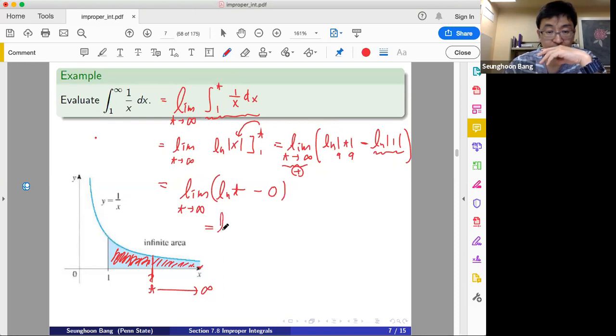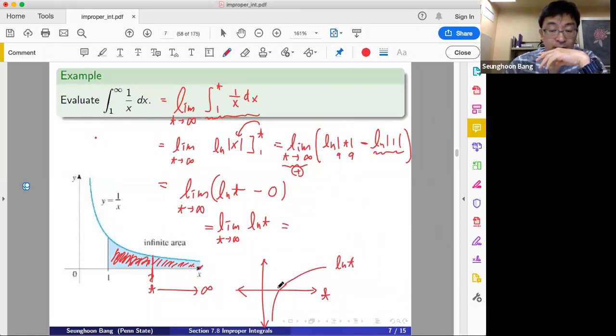So we have the limit as t approaches infinity of ln of t. What is the answer? You can draw the graph of ln of t. It passes through 1, this is your x-intercept.